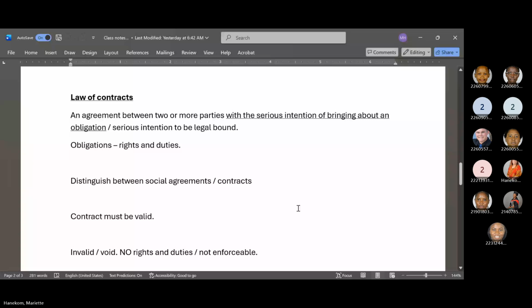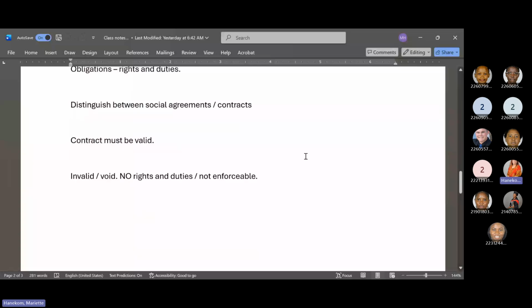In order for these obligations to be enforceable, the contract must be valid. If the contract is not valid, it is not enforceable. It is a nothing.